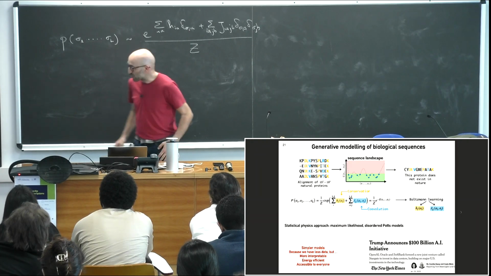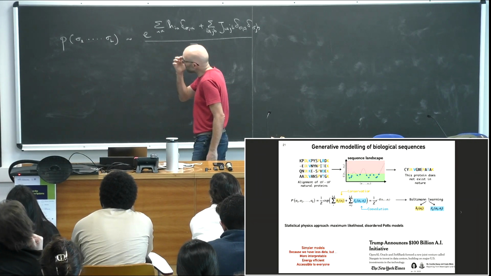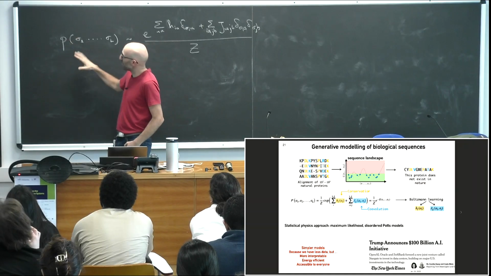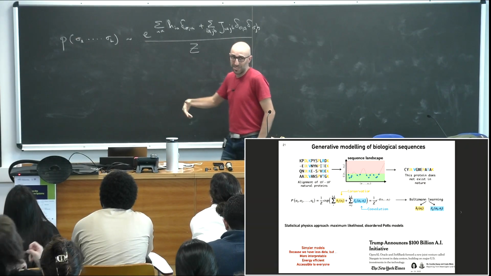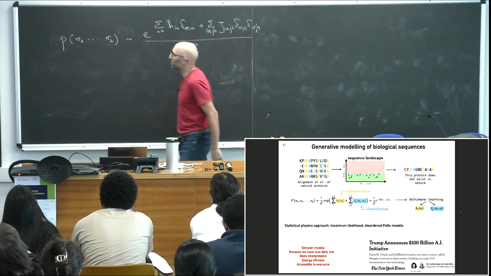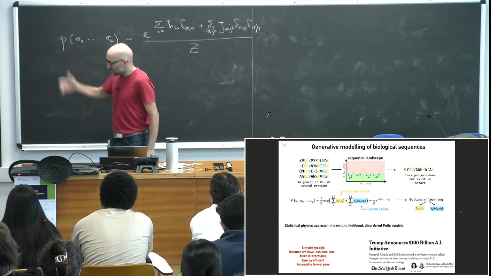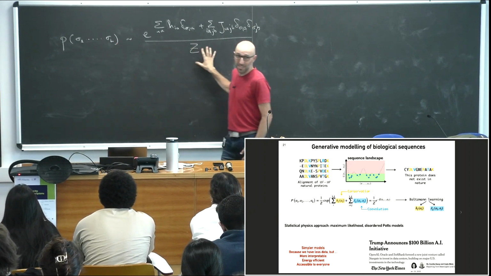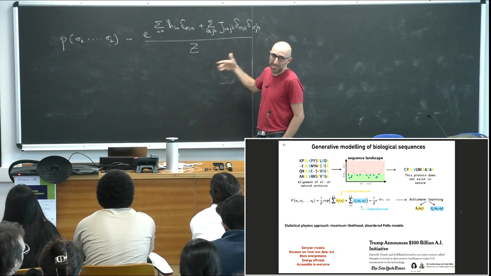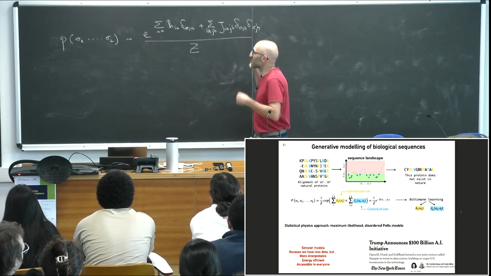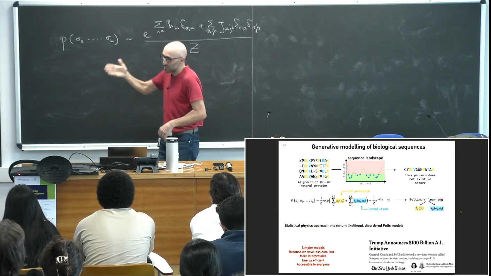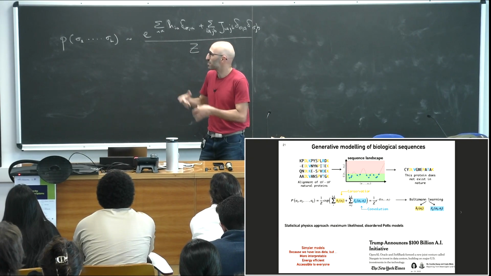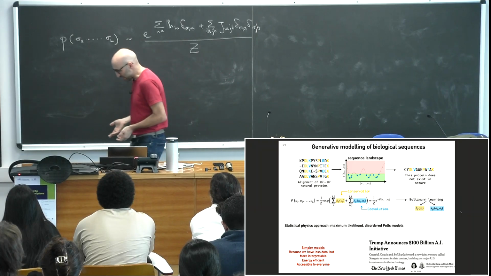So in the case of proteins, how do we do that? I already said it. We start from our MSA, for example, the PF14, the trypsin inhibitor. We learn the model. The model has this form. We can learn the model in many ways, as we discussed yesterday. For contact prediction, we can do mean field, or we can do pseudo-likelihood maximization.